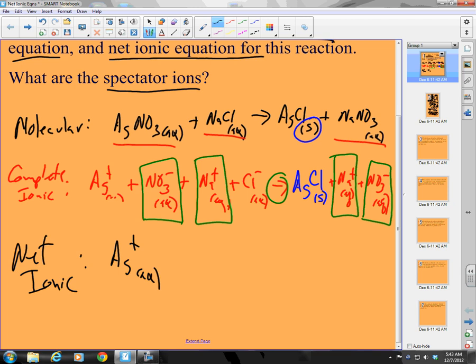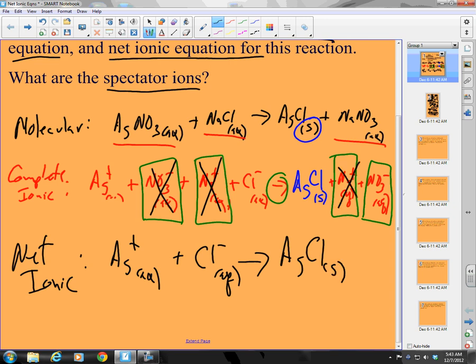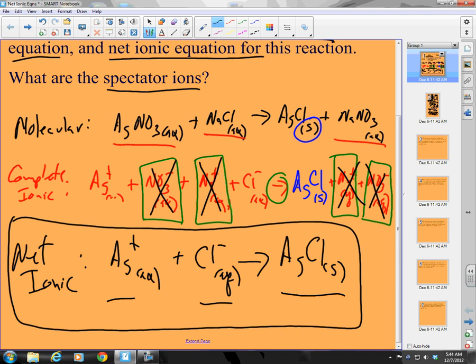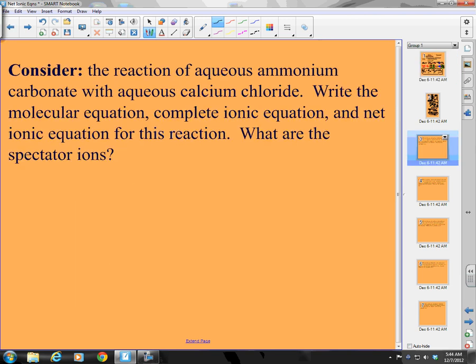I'm going to eliminate my nitrate, eliminate my sodium, put Cl minus aqueous, and I'm going to form AgCl solid. Notice I formed a solid, and what two things were involved in it? Only these guys. This is my net ionic reaction. Piece of cake. All right, you guys try this one.